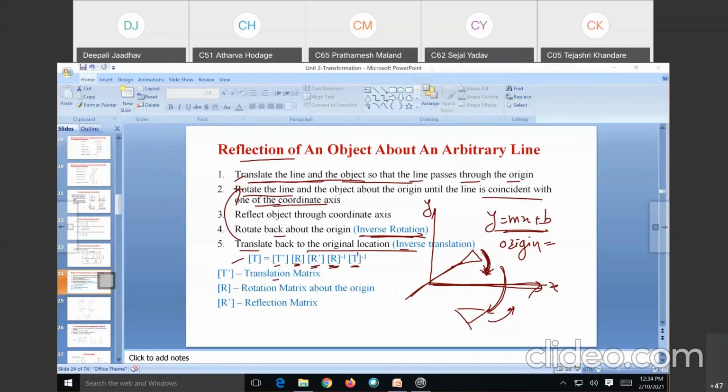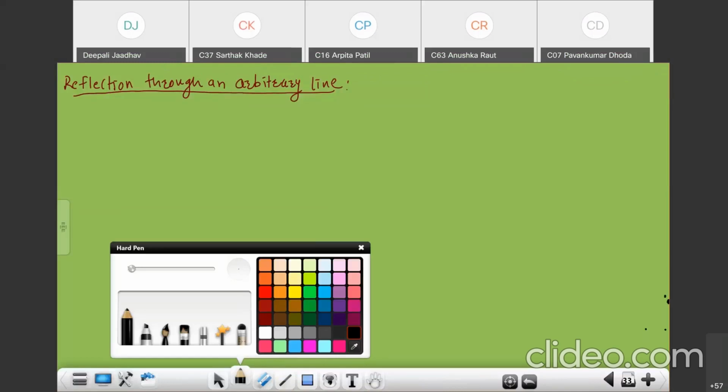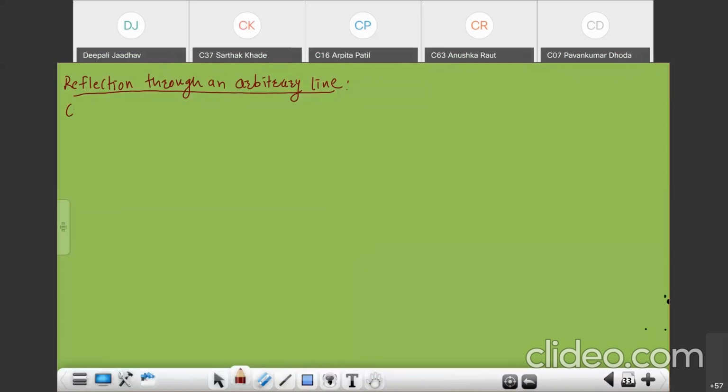Now see the example. These 5 steps we are going to follow with this example. So first consider a line L and a triangle ABC, with the equation of line y is equal to 1 half x plus 4.